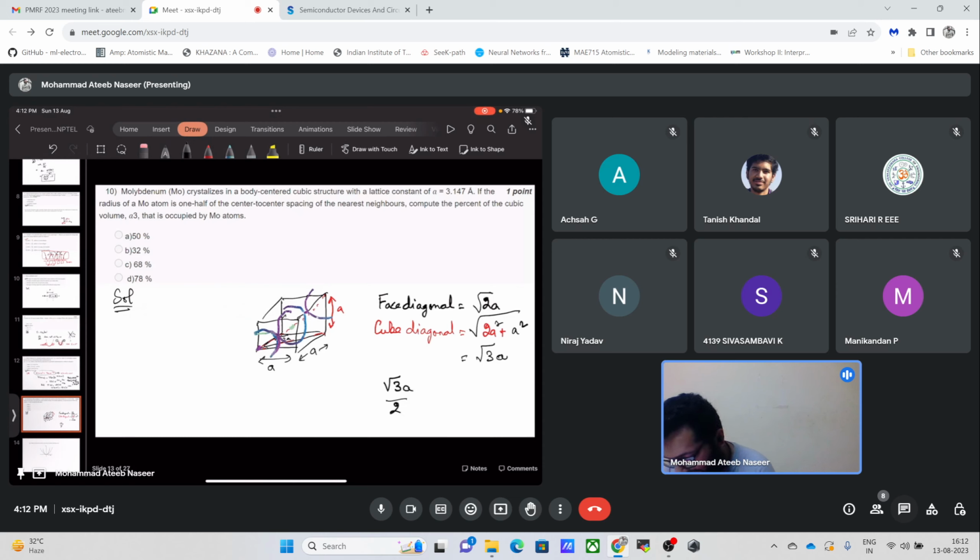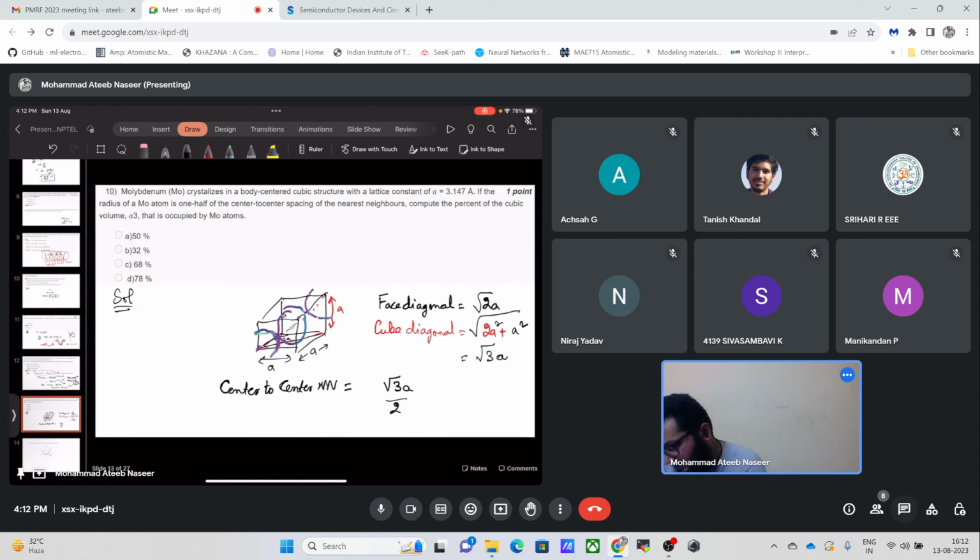So this is the center to center nearest neighbor spacing. Okay, fine. Yes, this is the center to center nearest neighbor spacing, and it has been told that the radius is half of this center to center spacing.